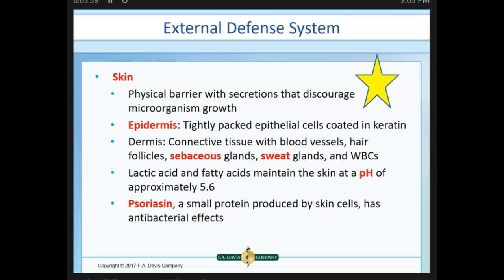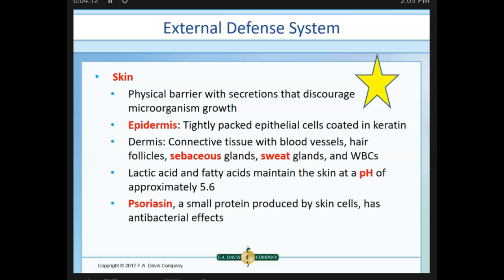The external defense system is composed of several different things, and we're going to talk about these individually. The skin makes a physical barrier, and these include skin secretions, like with sweat glands or sebaceous glands, that discourage pathogenic mycobacteria from growing. Now, there are some normal flora on the skin that also help with that, but right now we're just talking about the skin itself. The skin is composed of the epidermis and the dermis.